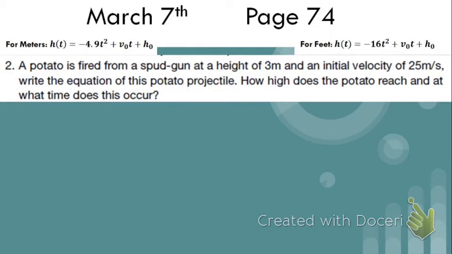I want you to start off by writing the equation for our potato projectile. And then I want you to use some graphing software, type in your equation, and figure out the maximum height this potato reaches and when it reaches that maximum height.